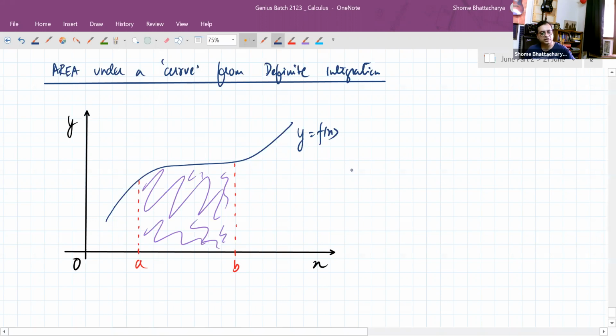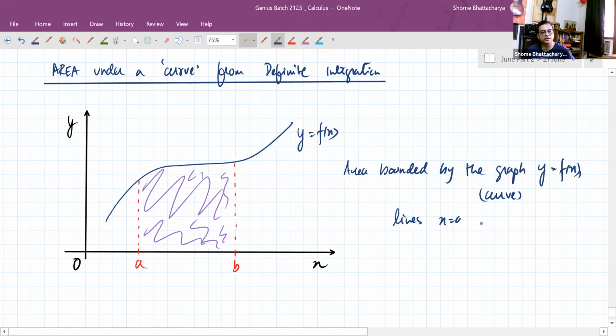Okay. So the area bounded by the graph, or basically the curve y equal to f(x), and the lines x equal to a, x equal to b, and y equal to 0, or the x-axis.